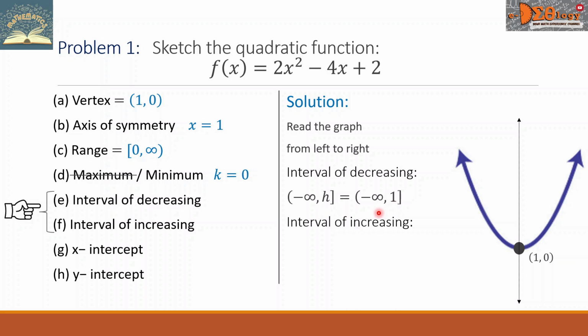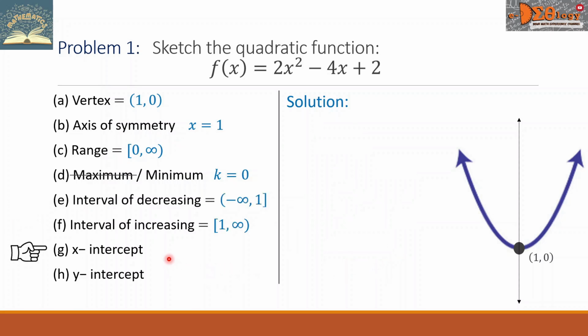For interval of increasing, what is the interval where the graph goes up? That is from h going to infinity. We got the h already. That is 1 up to infinity. This is the interval of increasing.